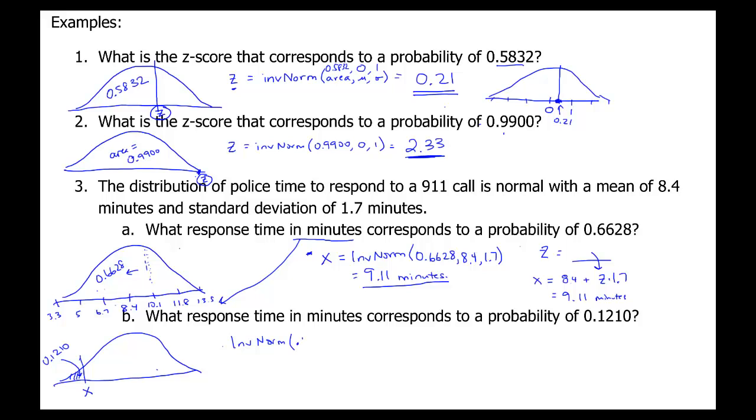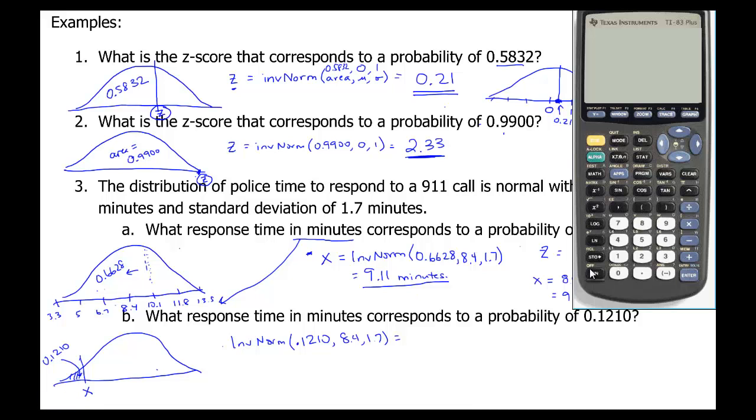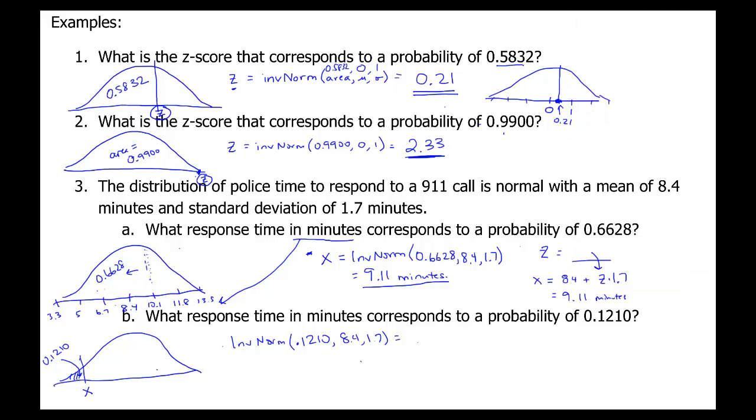So we put in the area, the mean, standard deviation, 0.1210, 8.4, and 1.7. And we get a value of 6.41 minutes.